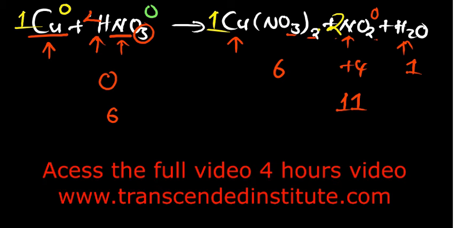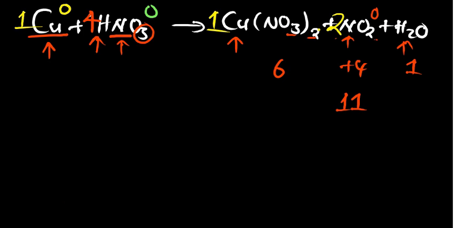If you make it 4, you realize that we have 12 now on this side. So we are closer. Here you now have 12, there you have 11. So we can only make it equal if we multiply the water that is on the right hand side by a 2, so that you've got 2 oxygen atoms plus 10, making it 12.